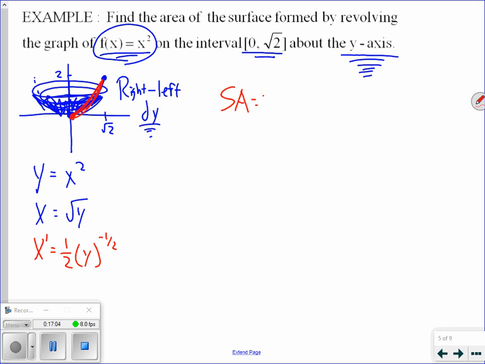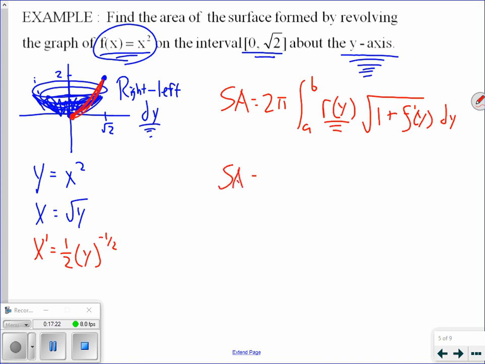But remember, it's going to be 2 pi, the integral, a to b, r of y in this case, okay? And then the arc length is the square root of 1 plus f prime of y squared, dy, everything in terms of y. Okay?